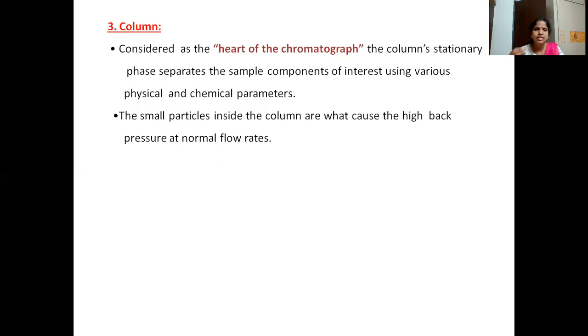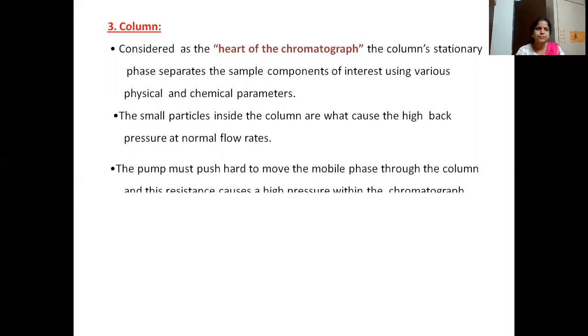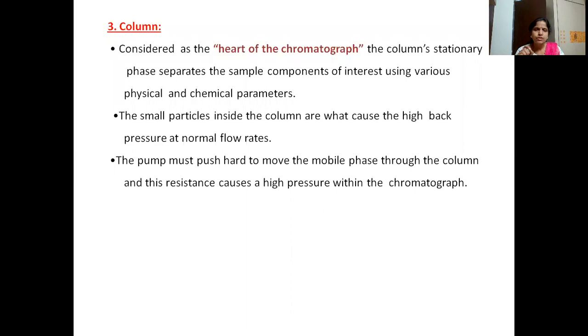At the start of the column, it will show some resistance because of the small size of the particles. After some time, the solution will be absorbed into the column and the separation will go on smoothly.